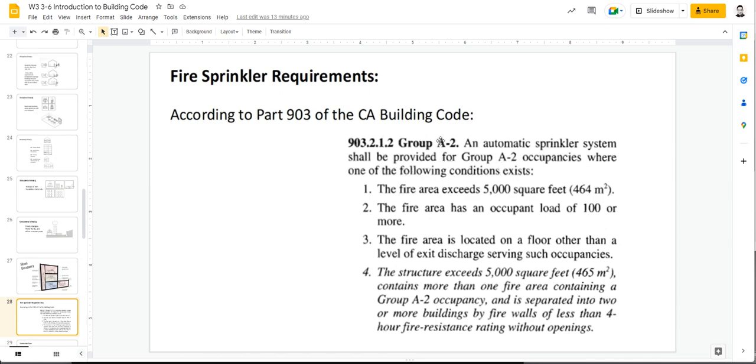If it's an A2, which is our occupancy, and we're not going to discuss all of the different occupancies that require sprinklers, because we're going to just concentrate on this one right now. If your A2 occupancy, us, the cafe or restaurant, has more than 5,000 square feet, then you need to provide fire sprinklers.